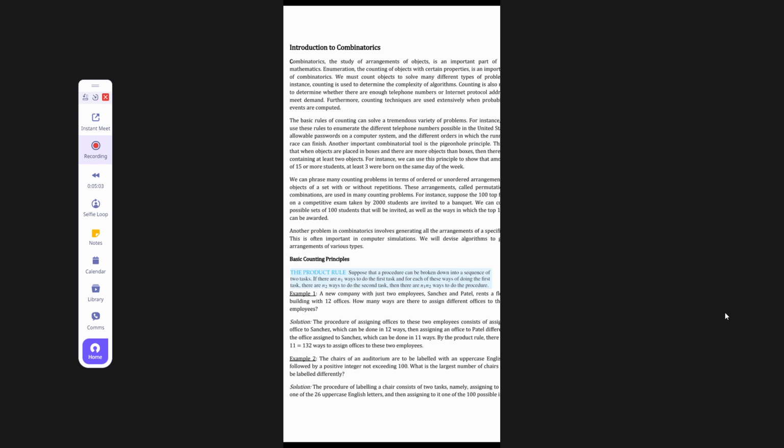A very simple example being, suppose you've gone into a movie hall and you have to count the total number of seats in the movie hall. Okay. So the idea is that we first count the number of rows in the hall and then how many seats are there in each row. So your entire process is counting the total number of seats in a movie hall broken down into a sequence of two tasks.